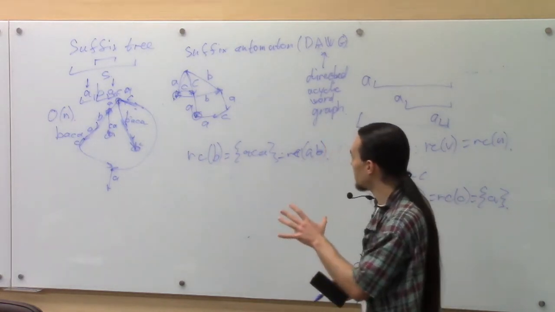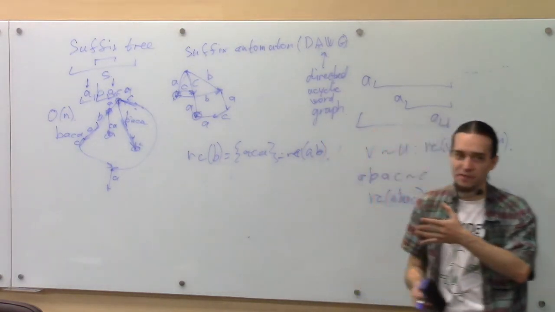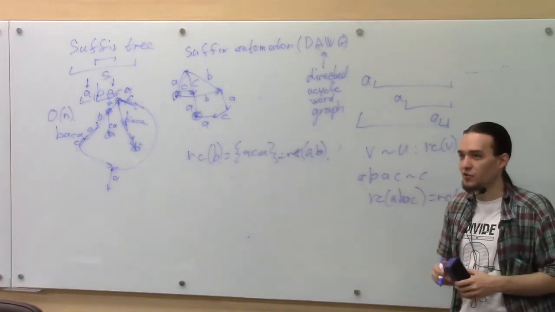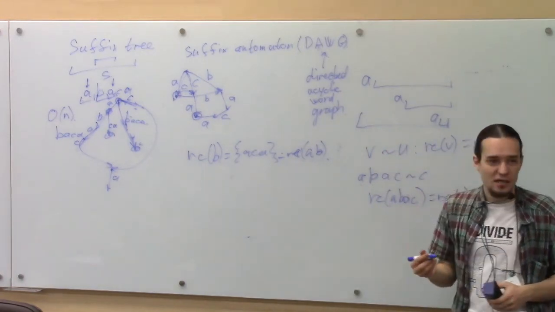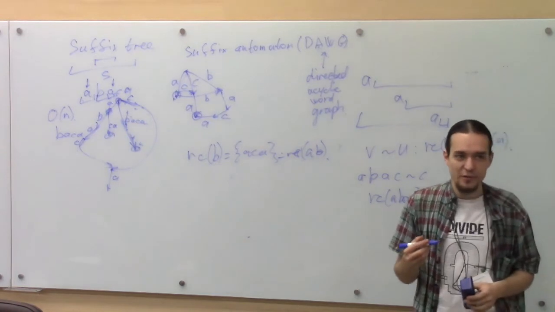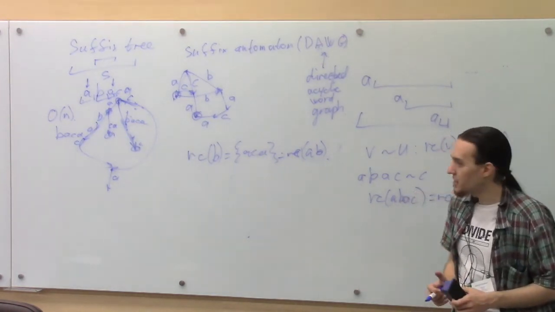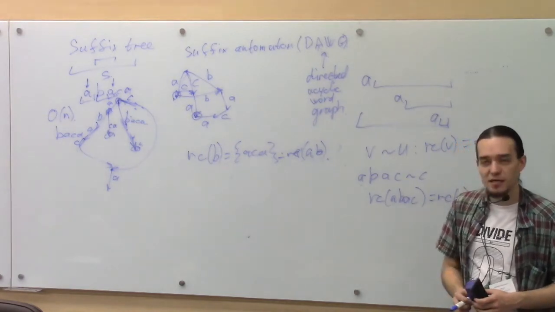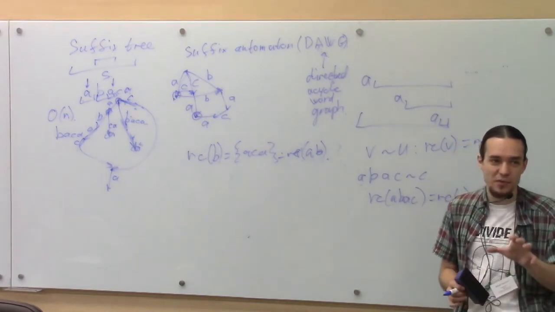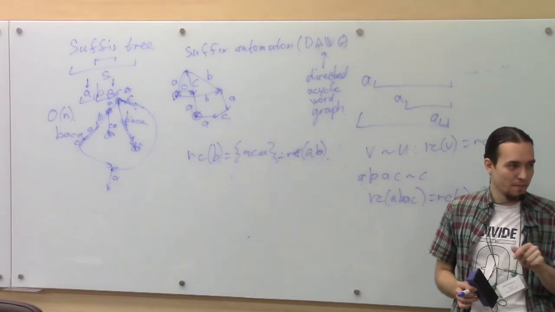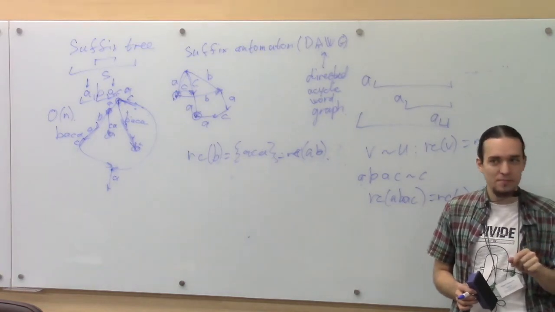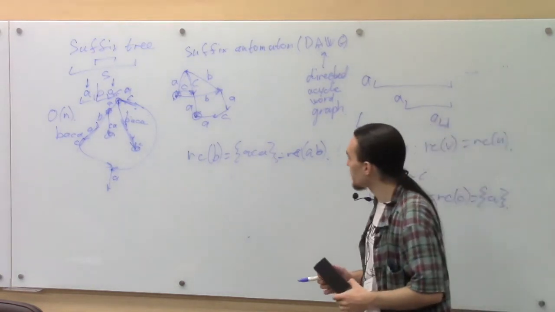So this is in fact the most concise graph that only accepts the substrings of our given string. Because we know that there are at least as many states in our graph as there are different right contexts for different substrings. Okay? So this is the best we can do.